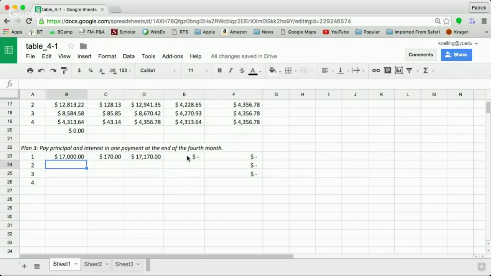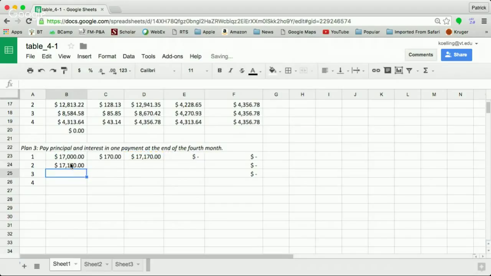So this number here would be equal to the $17,000. I'm incorrect. Sorry, back up. We owed $17,170, so this is equal to $17,170 minus the principal we paid.